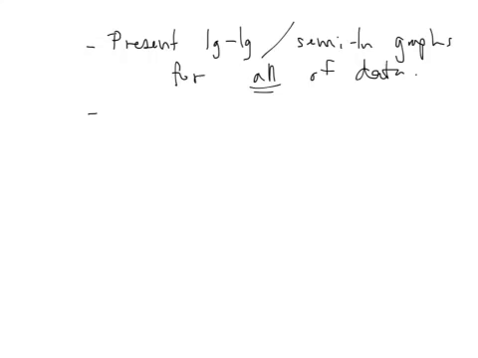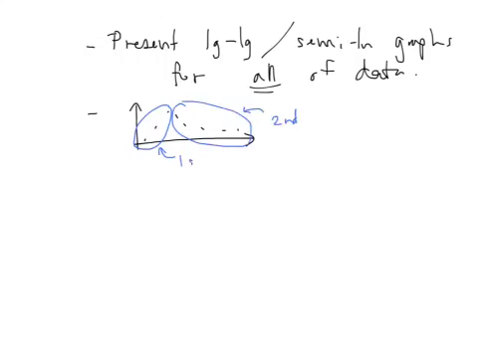Then you would say something like, because these aren't straight, I decided to linearize a subset. Then you have to point out what the two trends are. So you would show the graph and say, this is one trend, here's a totally different second trend, or trend A and trend B. It's nice to label them, trend A and B. That makes the rest of your report a lot easier.